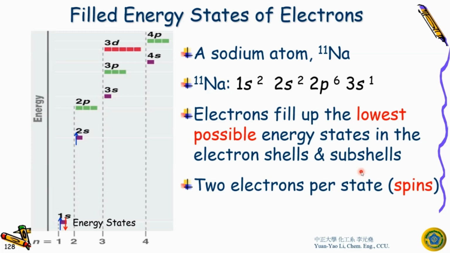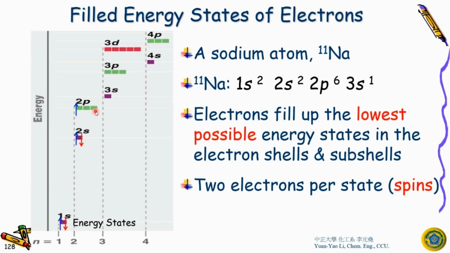Then the next electron will fill in here, because of the Pauli exclusion principle. So we already have 4 electrons out of 11, and the 5th electron will fill in here. You might say, well, Professor, can I put the electron in this place? Of course, this is random.